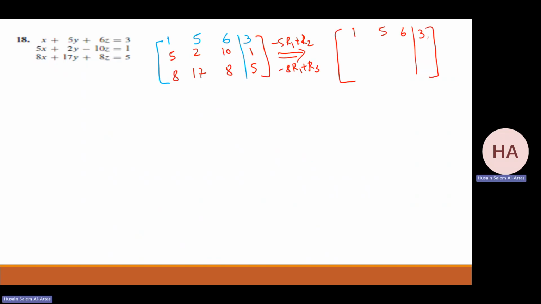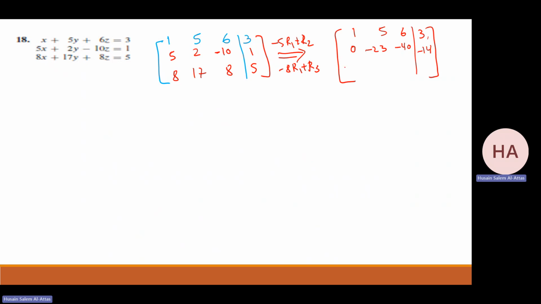This one multiplied by -5 and add, that will be 0. -5 and add, that will be -23. -5 and add, that will be -10. Sorry, this is -10. Be careful with the minus. That will be -40. -5 and add, that will be -14.